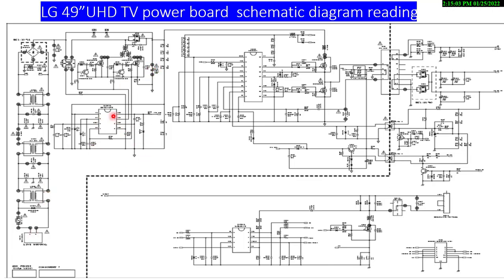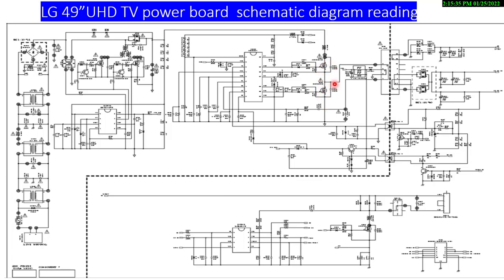But when the booster circuit and the PFC circuit are working, at this point we have to get 400 voltages. The multi-IC is also working fully, which means it outputs HV and LV voltages for these two switching transistors.